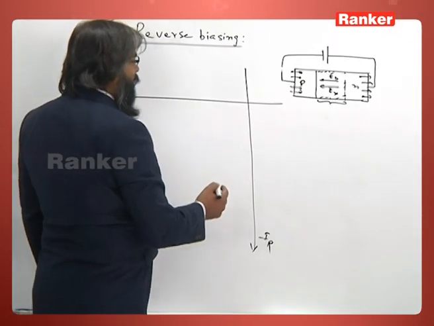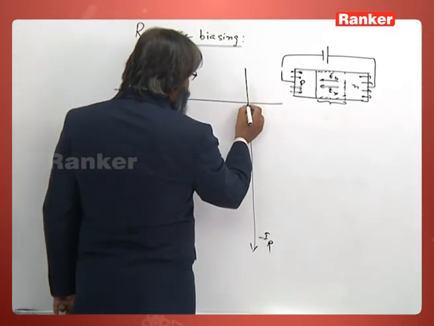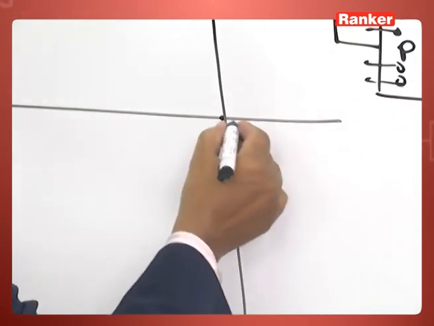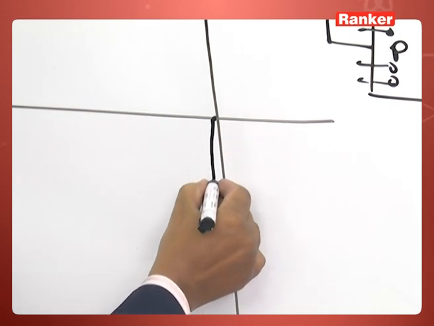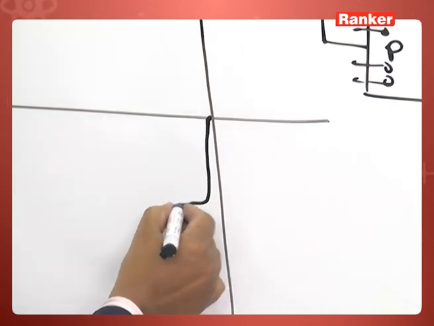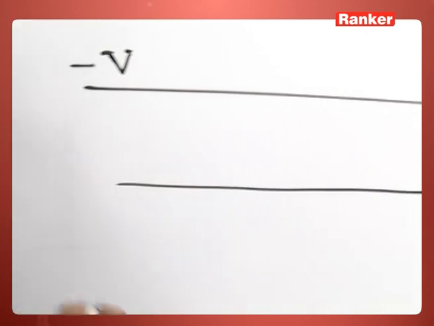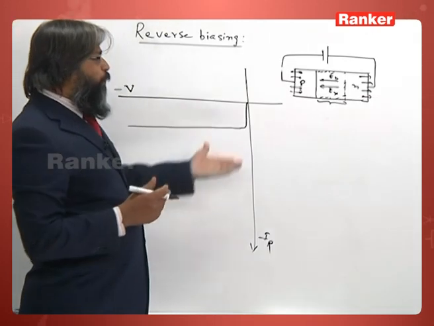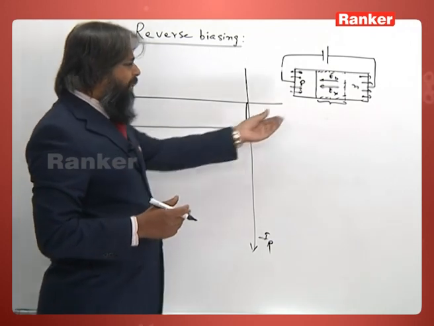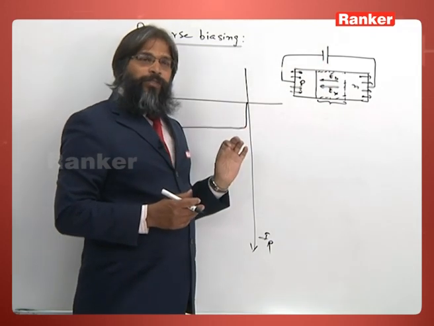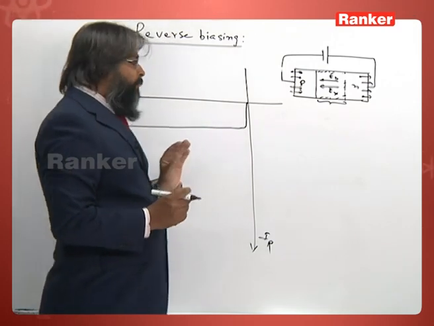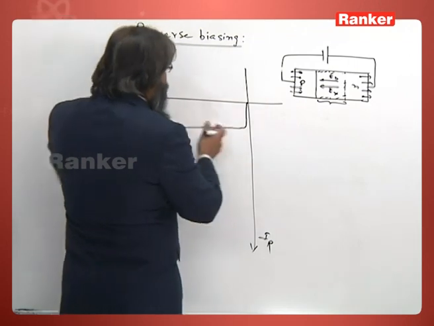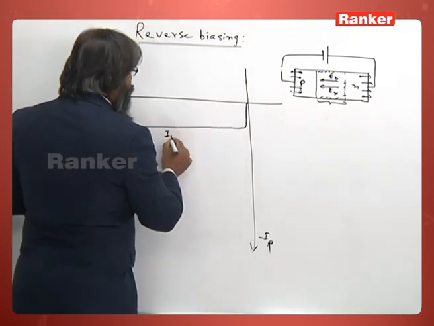So we see that initially the current is like this. So almost the current begins to flow at a very small reverse bias voltage also. The current begins to flow, and then soon it becomes saturated.